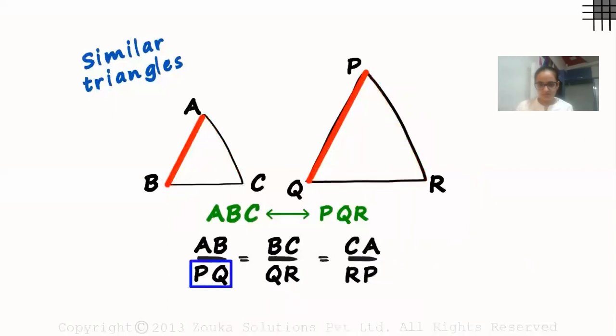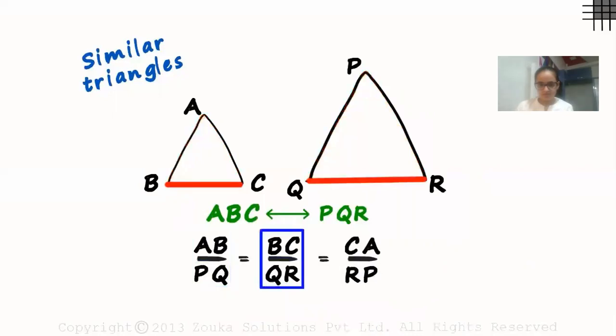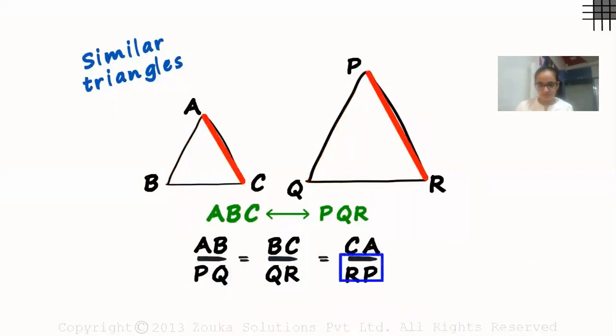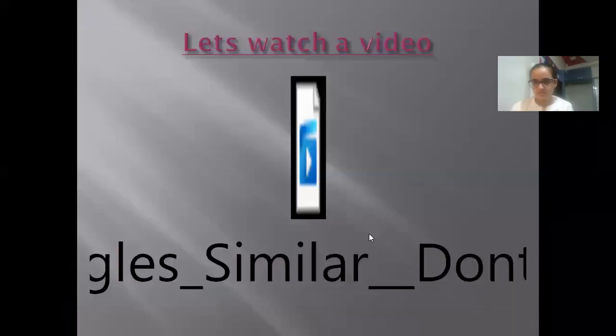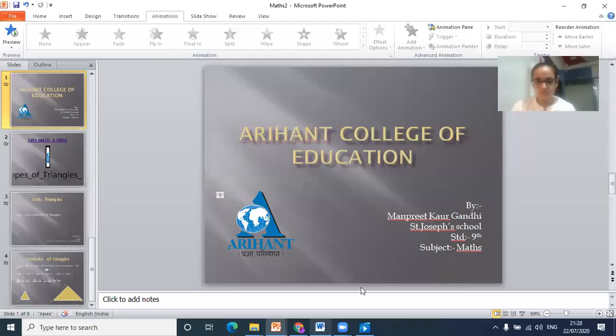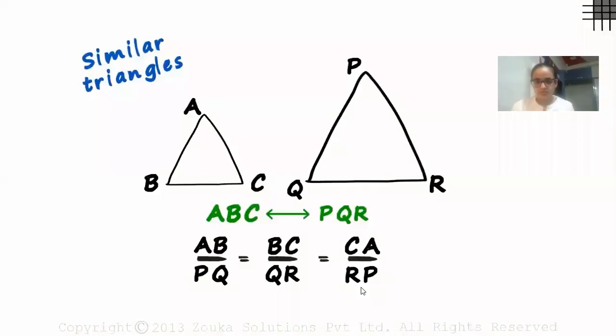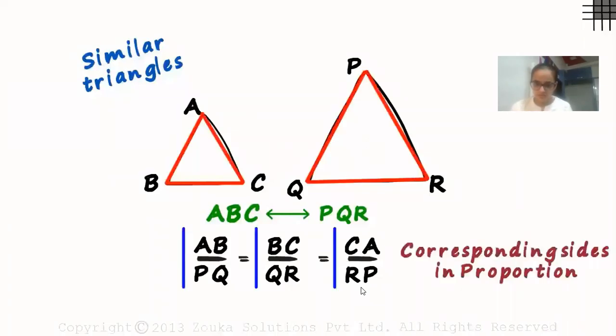AB and PQ are corresponding sides, BC and QR are corresponding sides, and CA and RP are also corresponding sides. But what does this actually mean? It means that each side is scaled up or scaled down by the same factor. Here, the factor with which AB is increased to get PQ is the same as the factor with which BC is increased to get QR, or as the factor with which CA is increased to get RP. So remember, when the triangles are similar, the corresponding sides will always be in proportion.